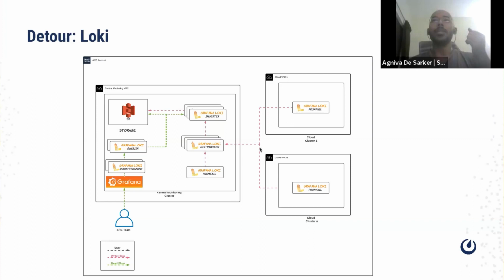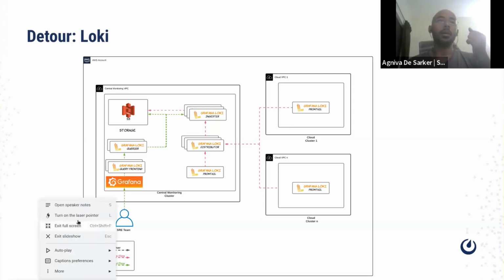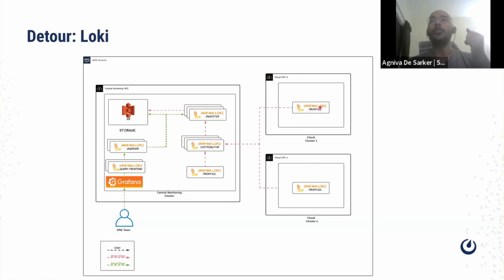Basically, you have these separate clusters. Promtail is an agent which collects the logs, and then it sends the logs to the distributor and the ingester, and the logs are stored in S3. This is one of the very helpful factors in Loki's design, because the storage of the actual logs is just any general purpose storage, right?